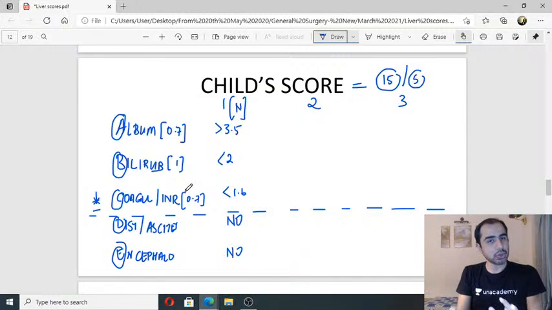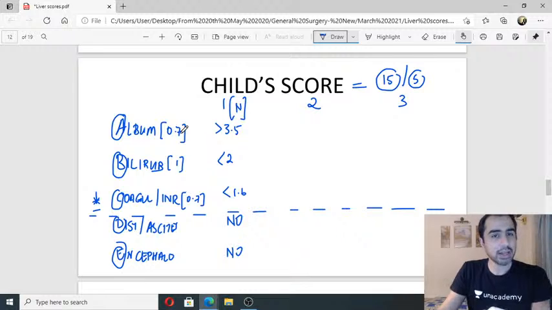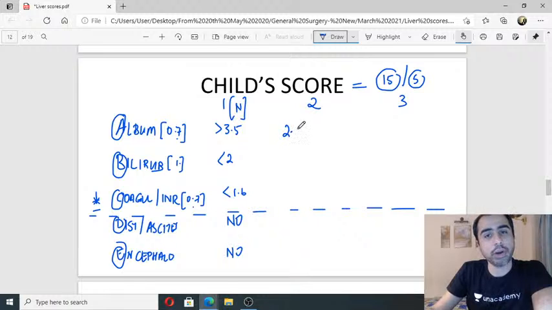In the whole Child score, the only thing you need to memorize is the ratios or the fractions: 0.7, 1, 0.7. What do I mean? 2 becomes 0.7 as the fraction, so it will be 2.8 to 3.5, this is 2 points, and 3 points will be less than 2.8.